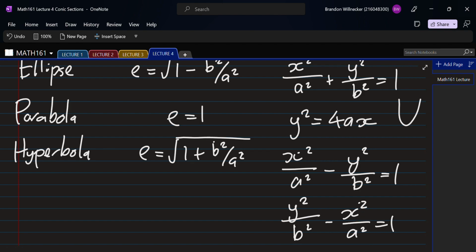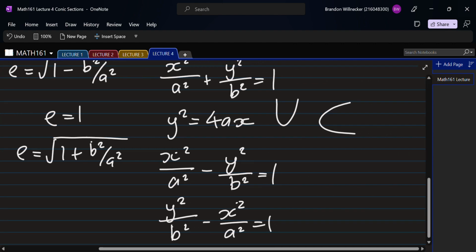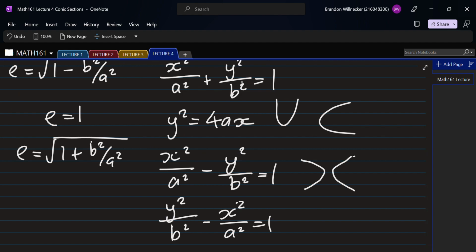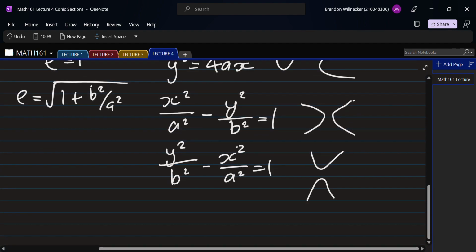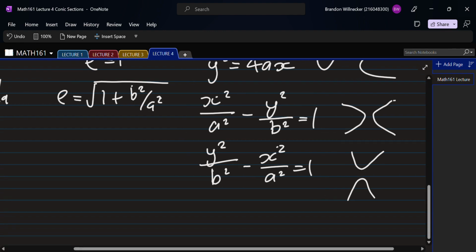And that will change it from a horizontally oriented hyperbola to a vertically oriented hyperbola. Roughly it will be something like this, horizontally oriented to vertically oriented. That's just a rough sketch. We'll go into more detail later on.